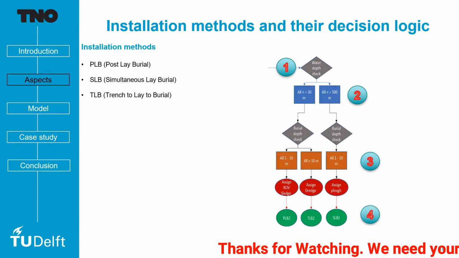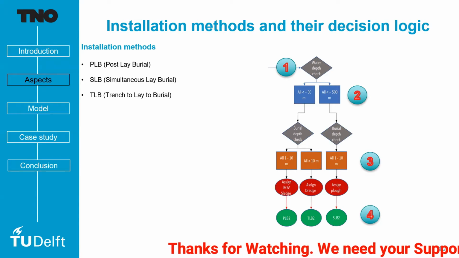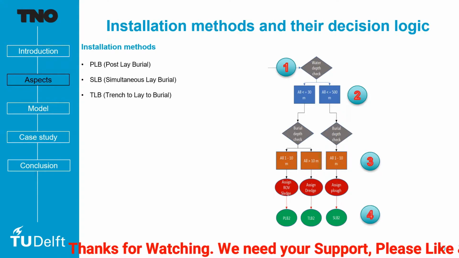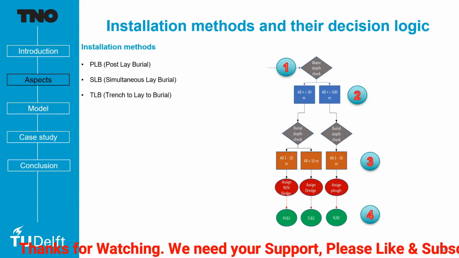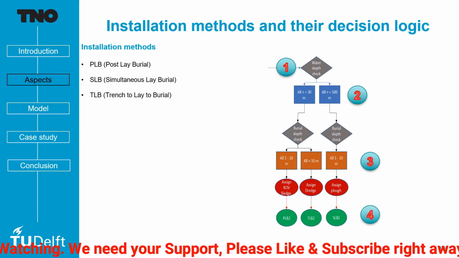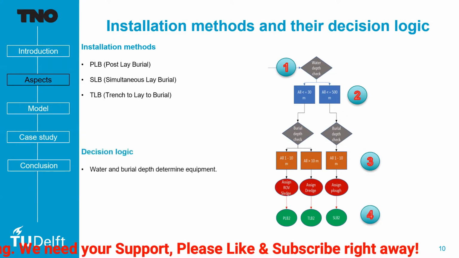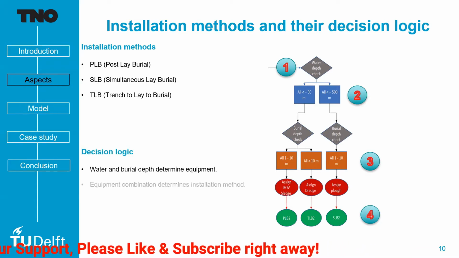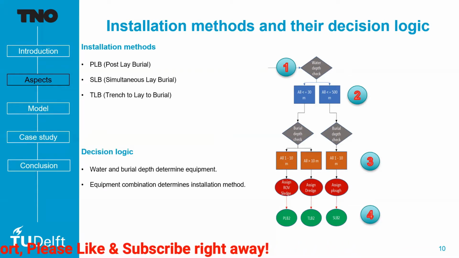Otherwise, you will require maybe a more sophisticated equipment. So if you need, for example, to bury the cable at greater than 10 meters under the seafloor, then you need to trench first before burying. So water and burial depth determine the equipment that is required. And the equipment combination determines the installation method. So this has been the basic logic for the model.